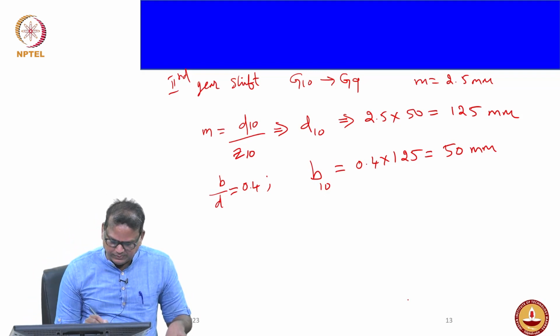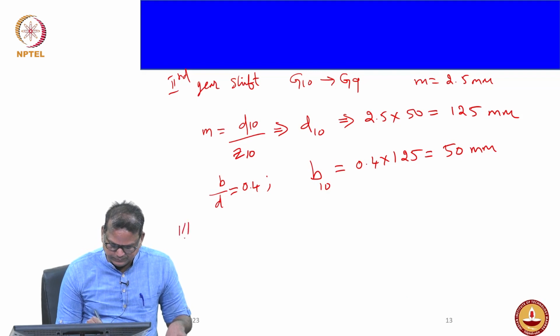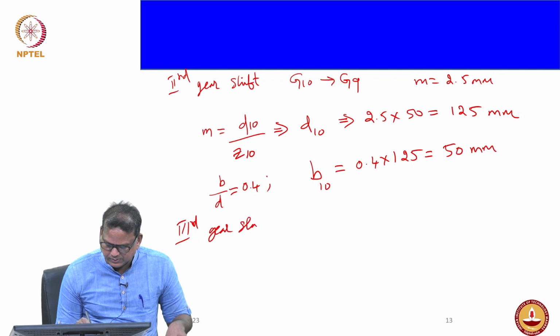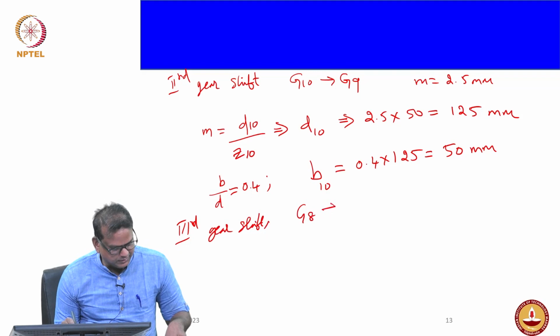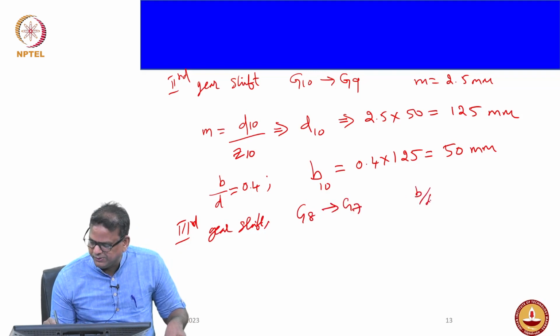Now for the third gear shift. Here gear 8 meshes with gear 7, and we have chosen the B by D ratio equal to 0.3.